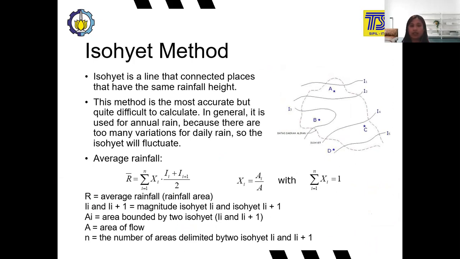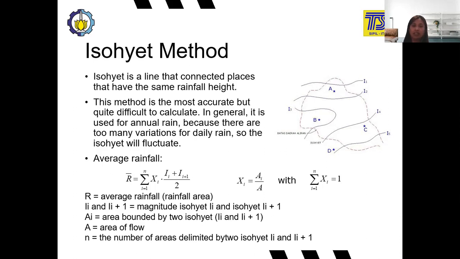And then move to the other method. There is the isohyet method. It is rarely used because we have to draw the line first before we can use this method.